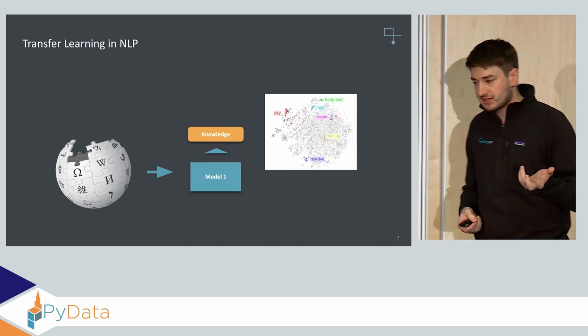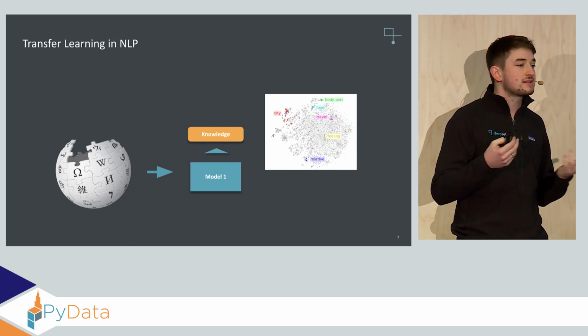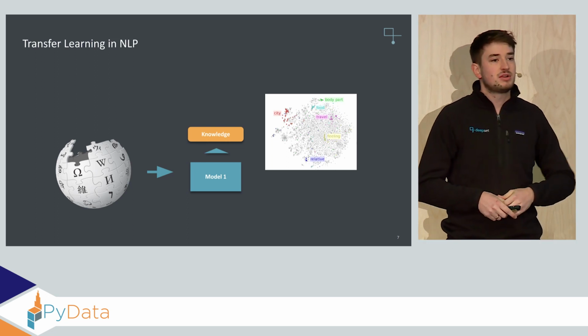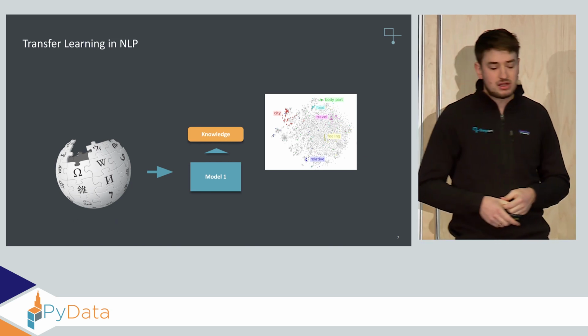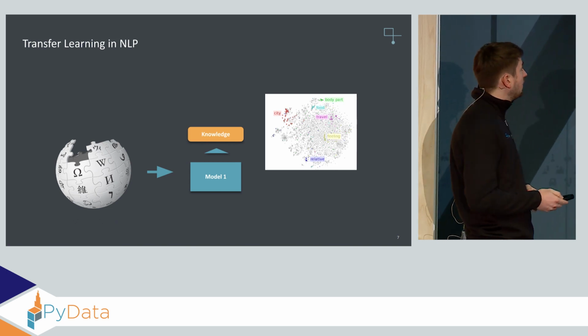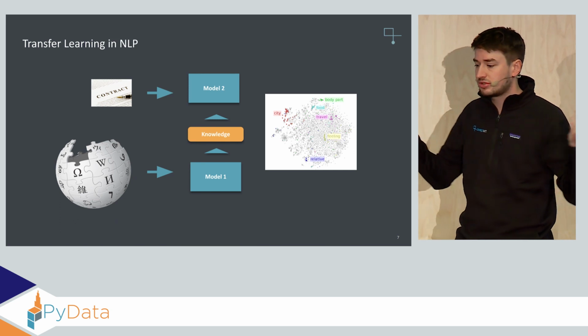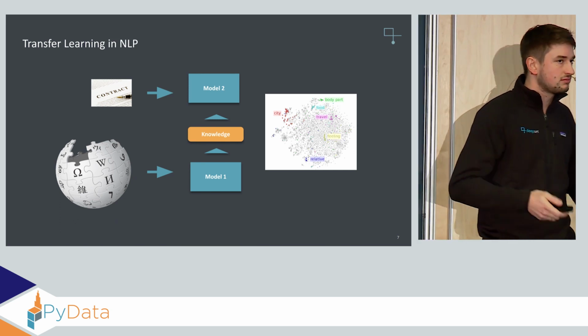It's a bit hard to visualize this knowledge, but it's usually some kind of word embedding, where synonyms get similar vectors in the space, and something about syntax that they learn. And this knowledge then can be transferred to another task, for example in industry, classifying legal contracts.